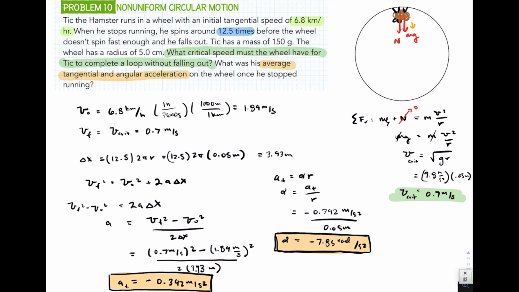So circular kinematics, not terribly different from linear kinematics, just finding your quantities from the problem is a little trickier. So if you're given frequency, you should think speed. If you're given rotations, you should think distance. And then angular acceleration is just slightly different from the way we describe acceleration. Okay. The only real curveball here is finding the critical speed and knowing that the end speed isn't 0.